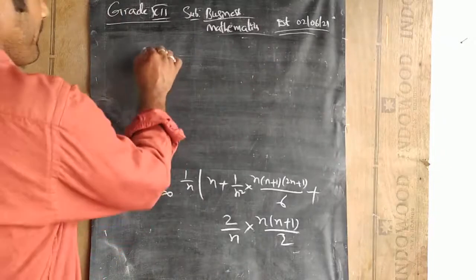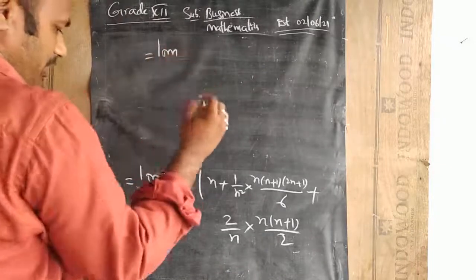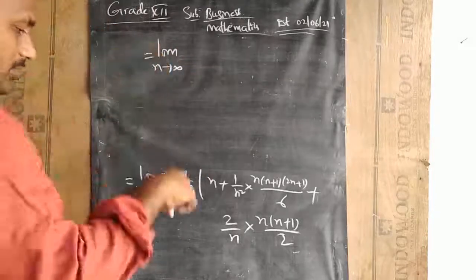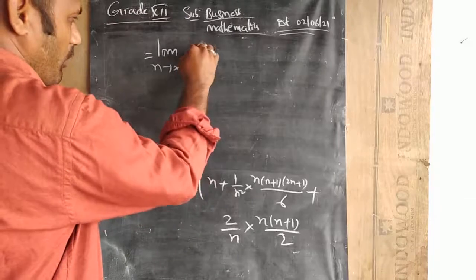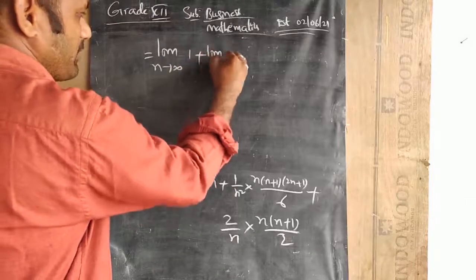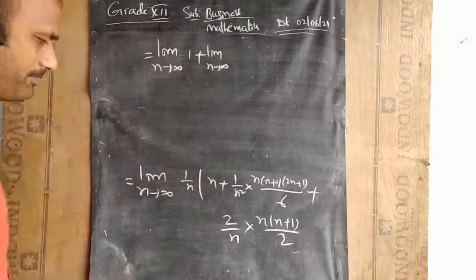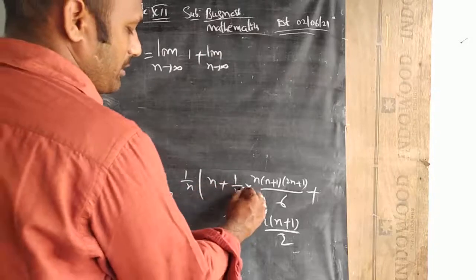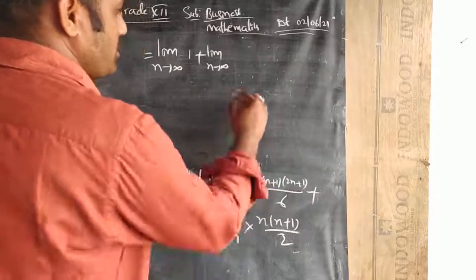Now see here, limit n tends to infinity, so the n gets cancelled, it will become 1 plus limit n tends to infinity, here square and n get cancelled. So what is left here?